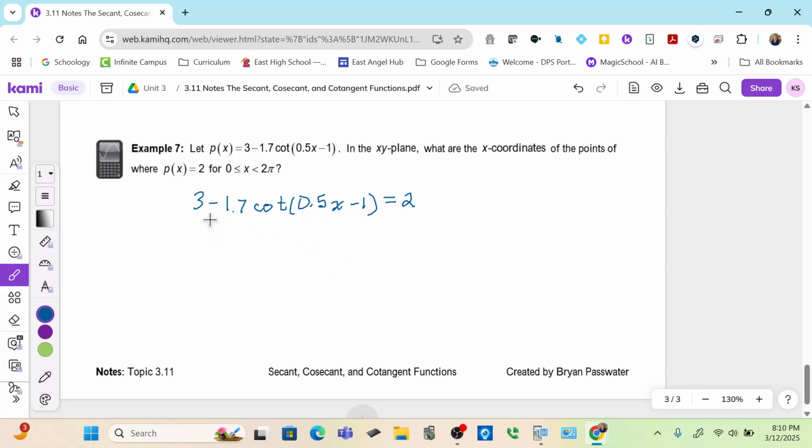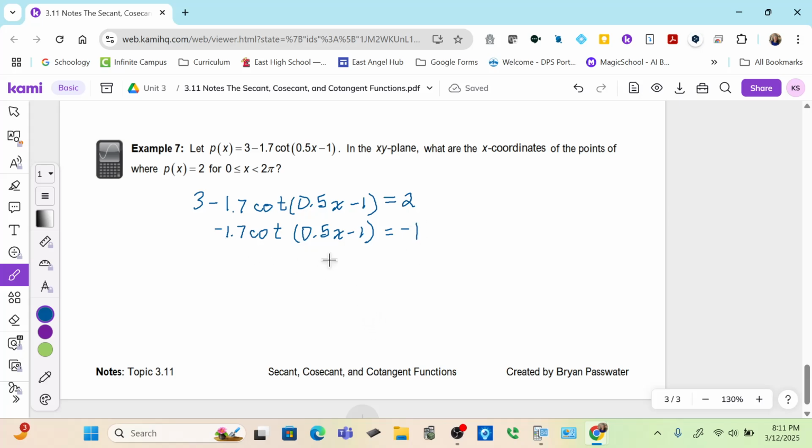So I'm going to start by subtracting 3 from each side. That leaves me with negative 1.7 cotangent of 0.5x minus 1. Subtracting 3 is going to leave negative 1 on the right side.